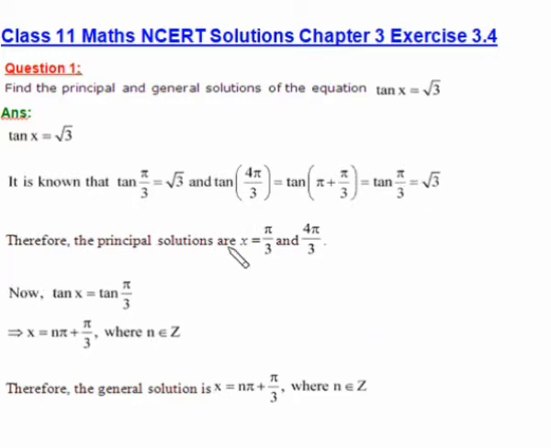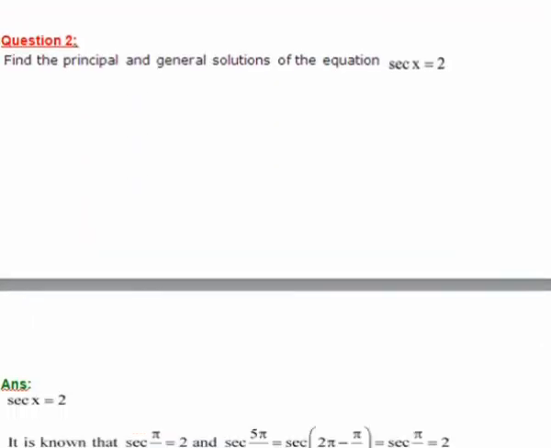Therefore the principal solution is pi by 3 and 4 pi by 3, because the principal solution lies between 0 to 2 pi. In 0 to 2 pi, it takes two values, that is pi by 3 and 4 pi by 3. So tan x is equal to tan pi by 3, and its general solution is x is equal to n pi plus pi by 3.